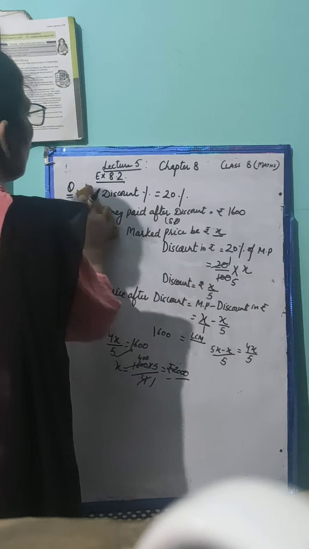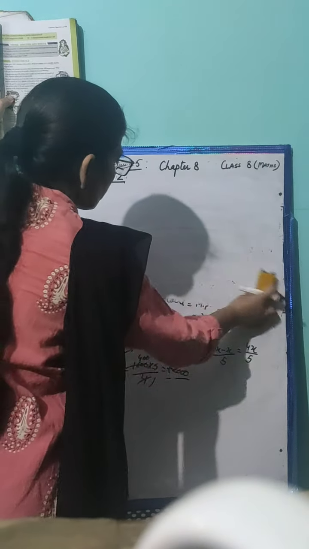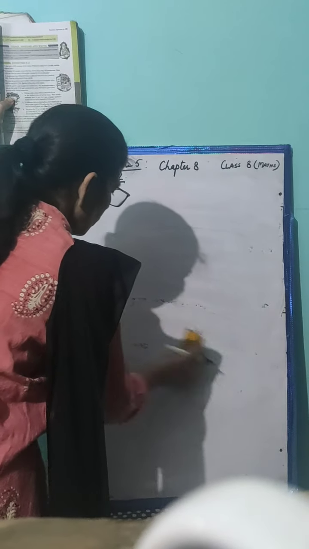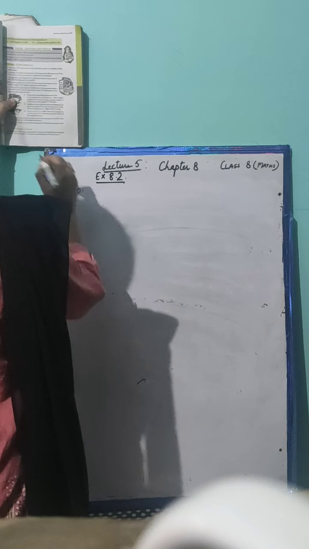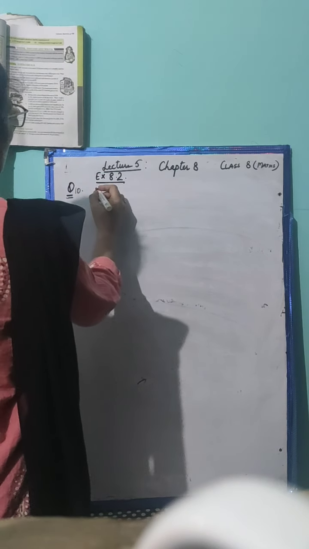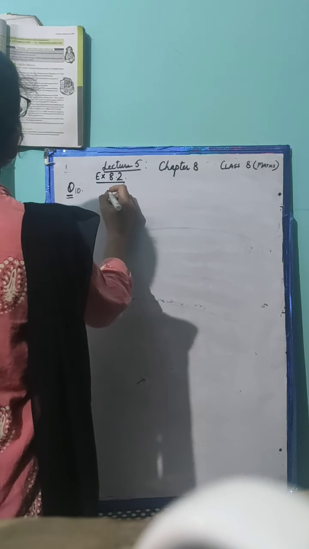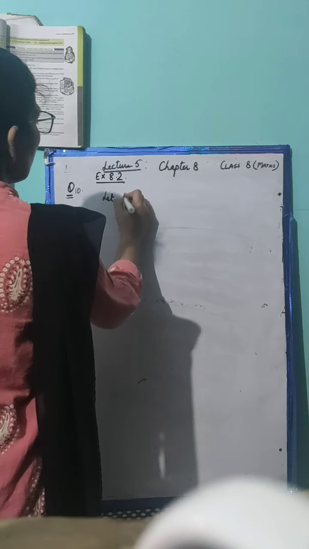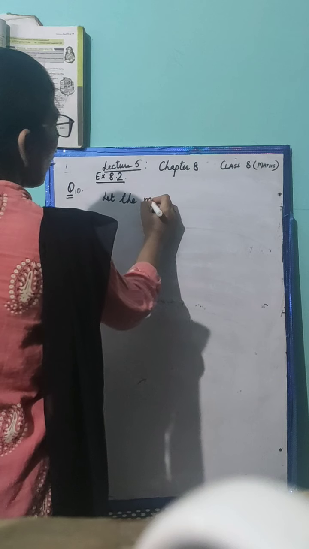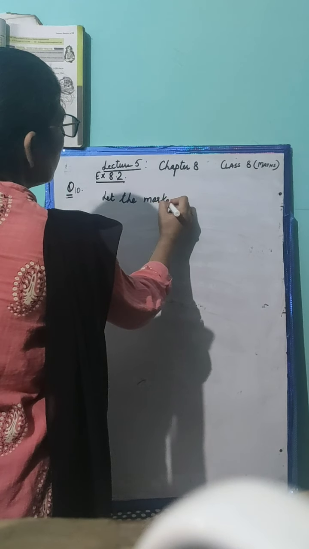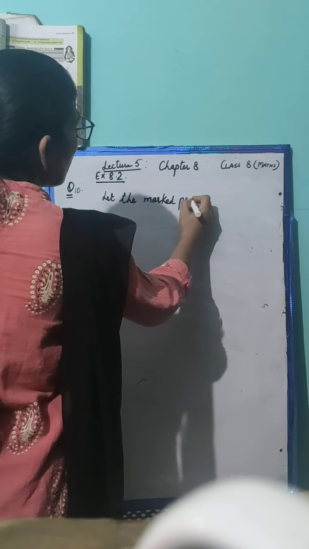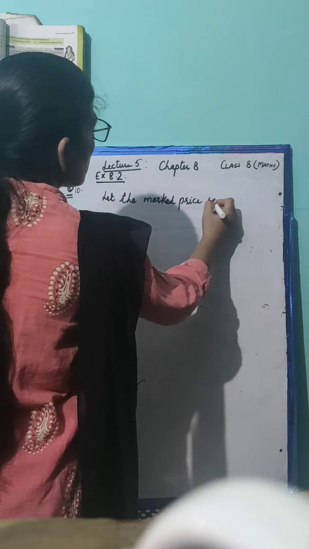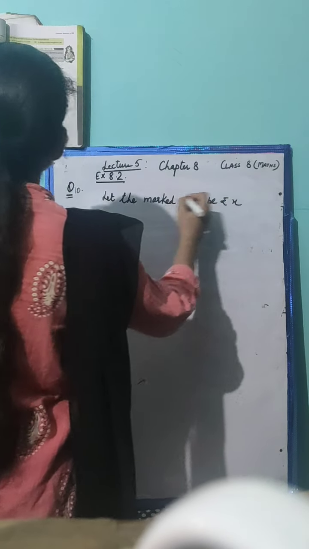Question number 10 is, let the marked price, क्योंकि वैट किस पे ऐड होना है, मार्क प्राइस पे। Let the marked price be rupees x. ठीक है.